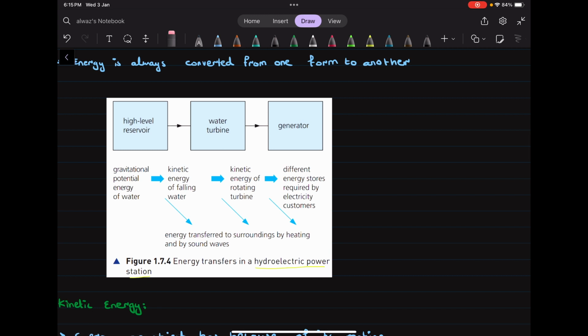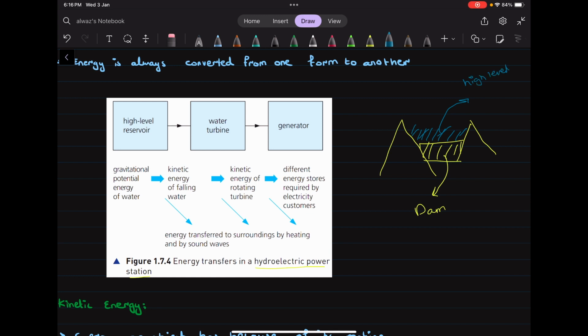They're talking about a high level reservoir. A high level reservoir is basically, for example, these are two mountains, and you see that there are dams. For example, this is a dam, and behind the dam, water is stored. This stored water is in a high level reservoir.